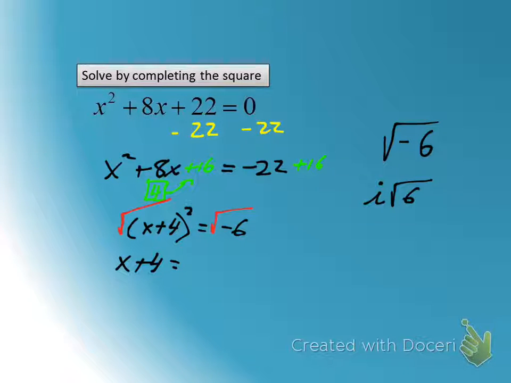And how many of those do you need? You need 2, one positive, one negative. So x plus 4 equals positive I square root 6. X plus 4 equals negative I square root 6.